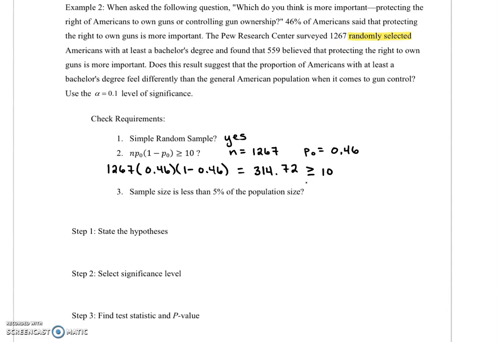So that requirement's fulfilled. Is the sample size less than 5% of the population size? Well, same as in the last problem, there are over 10 million Americans with at least a bachelor's degree.